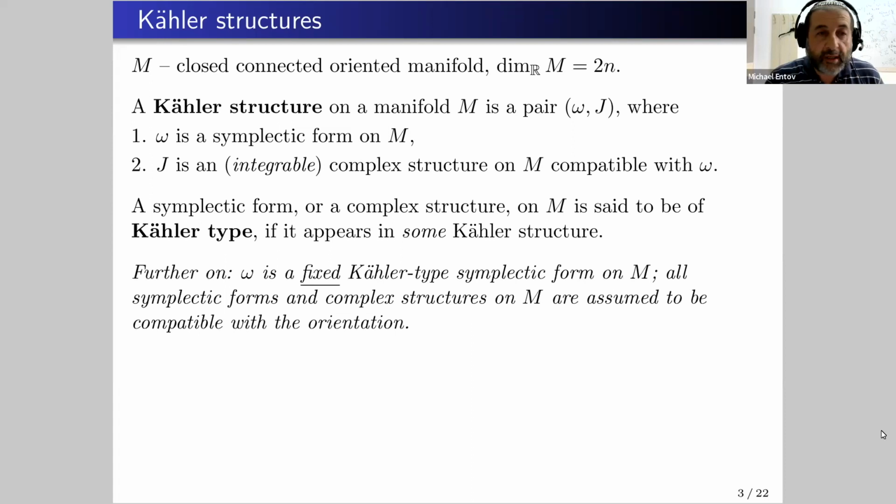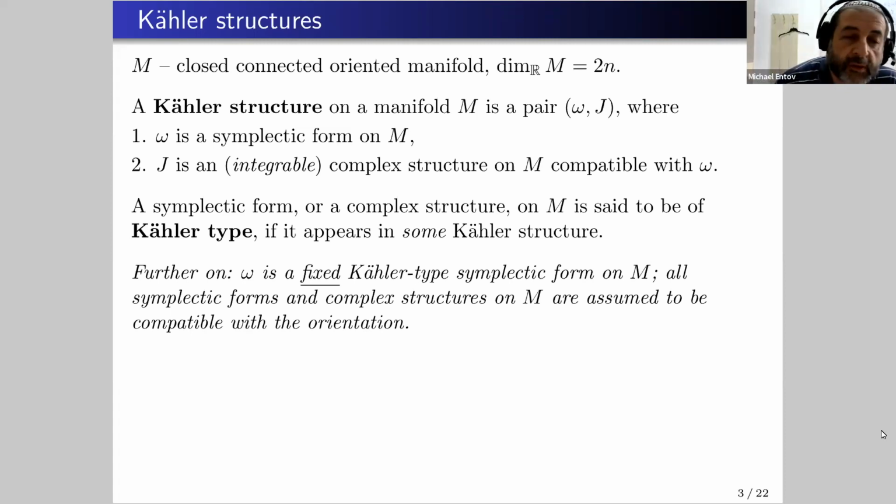Further on, I'm going to consider only Kähler-type symplectic forms and only Kähler-type complex structures. Just to avoid confusion from the beginning, there will be no symplectic forms or complex structures other than these. And I always assume that they're compatible with orientation whenever this is a question.